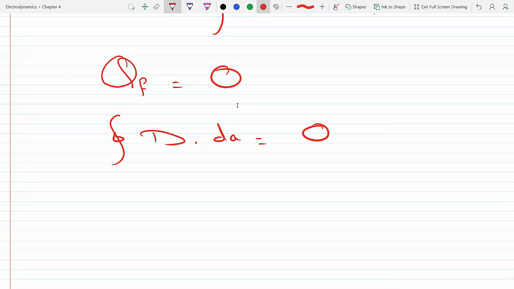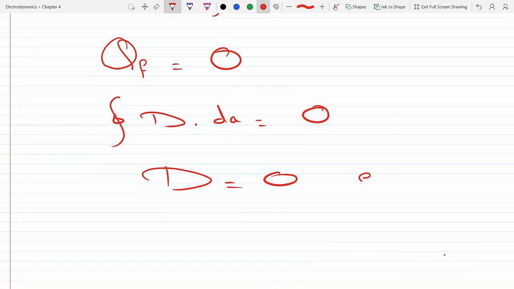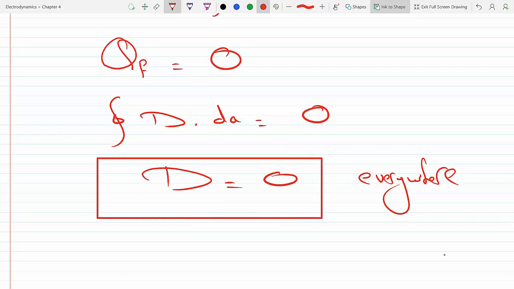So that's why D is equal to 0 everywhere, and that verifies that equation 4.23 works.